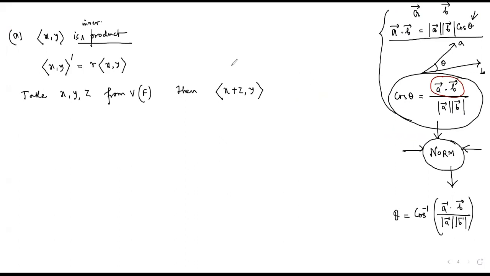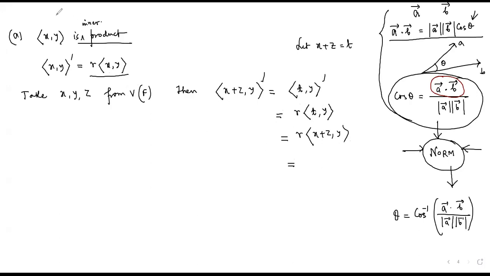Since this is inner product, I want to consider X plus Z, Y prime. That is our objective. Let us consider X plus Z to be T. Then we are getting TY prime. What is TY prime? By definition, XY prime is R into XY, so TY prime will be R into TY. Now replace T by X plus Z. So we get X plus Z comma Y.